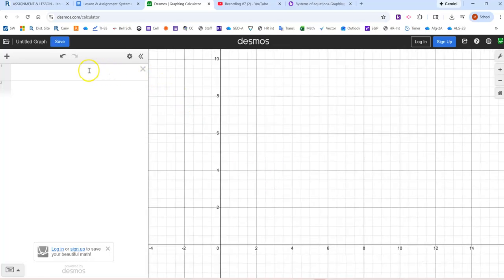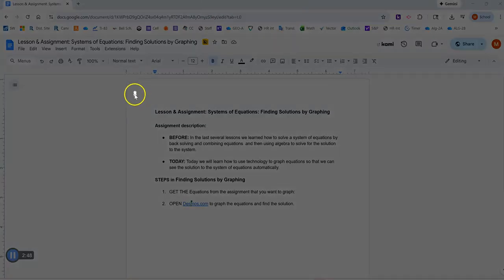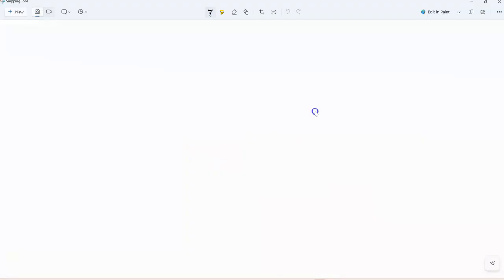Let me give you an example, something simple. Let me do something new here, and then open it up. Let me start with a very simple equation. Let's say we have x plus y is equal to 5, right?